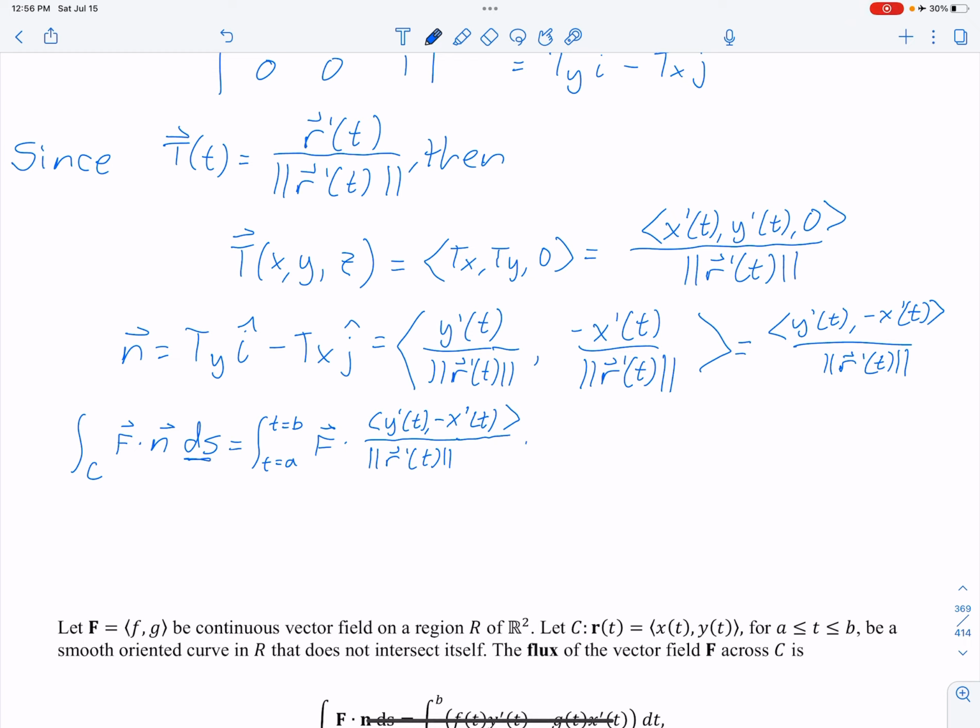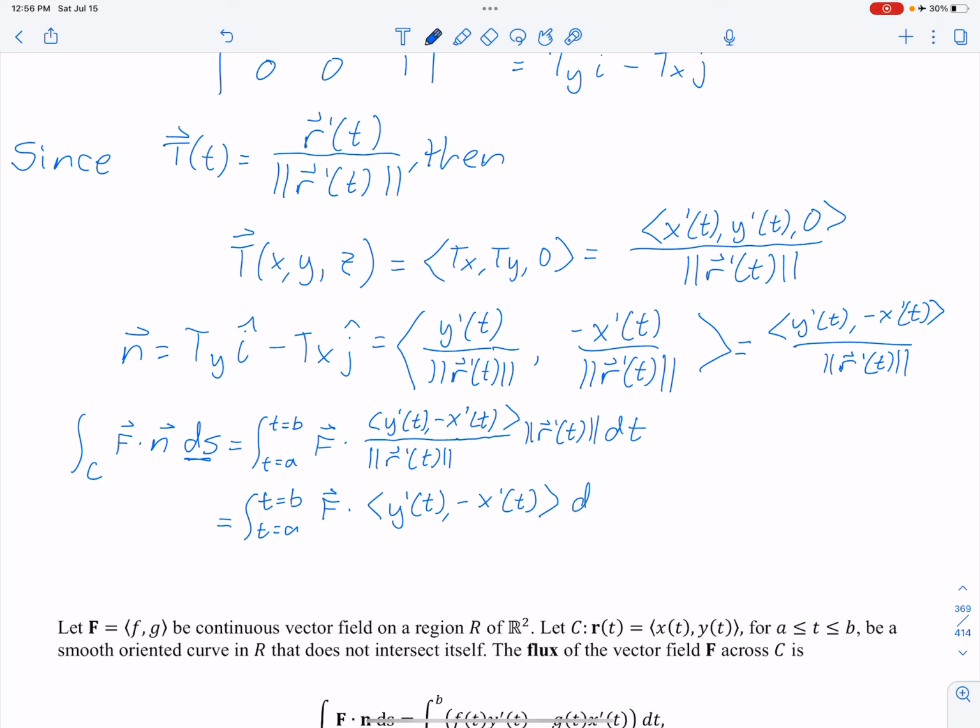We can convert that to the magnitude of r prime dt. You can see where we're going here. That leaves me with t equals a to t equals b, and that gives me f dotted with y prime of t, negative x prime of t, dt.